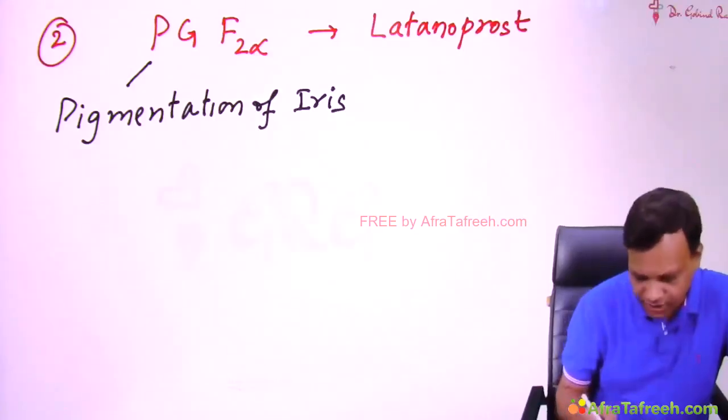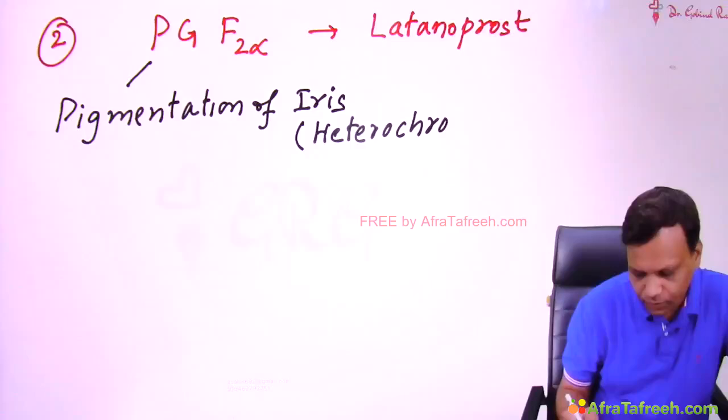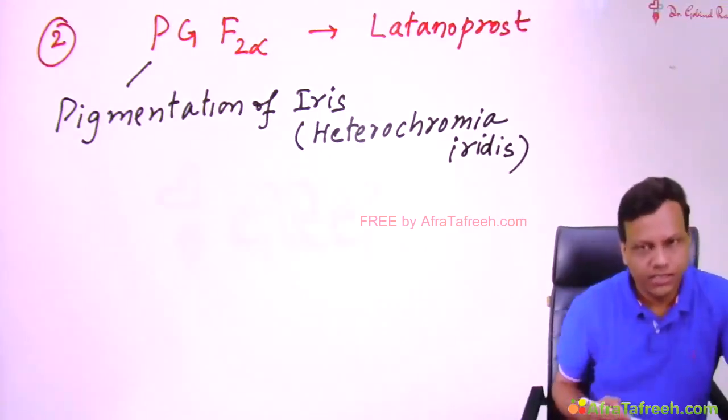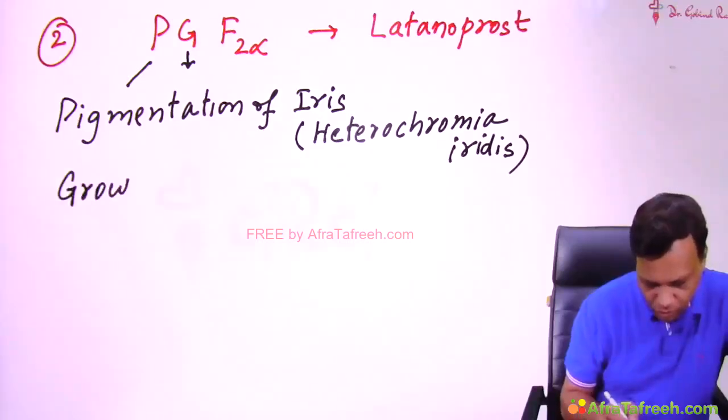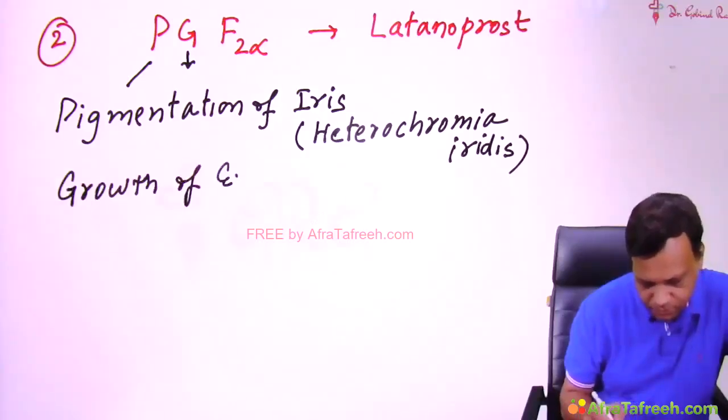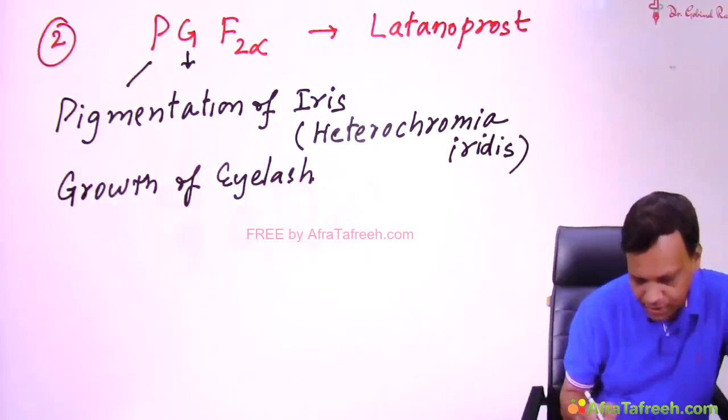The term used for that is heterochromia iridis. Then G means growth of eyelashes. The term used is hypertrichosis.